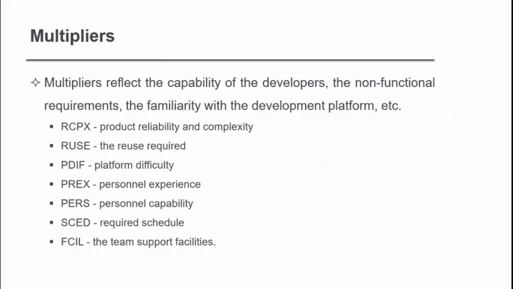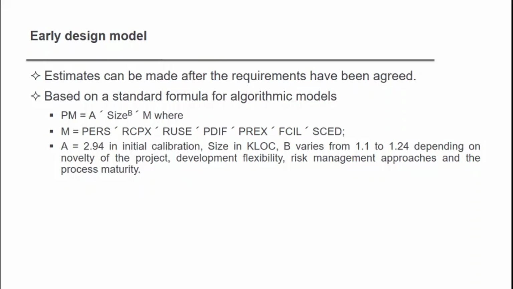Early design model. In the early design model, estimates can be made after the requirements have been agreed, based on the standard formula for algorithmic models. PM = A × Size^B × M, where M = PERS × RCPX × RUSE × PDIF × PREX × FCIL × SCED. A = 2.94 is the initial calibration, size is in KLOC, and B varies from 1.1 to 1.24.